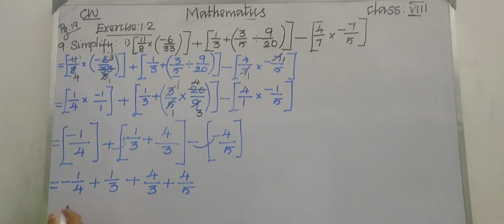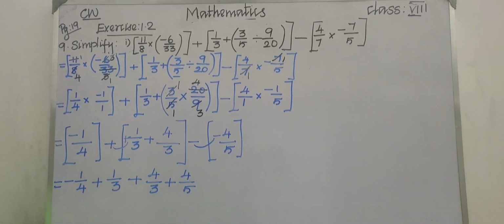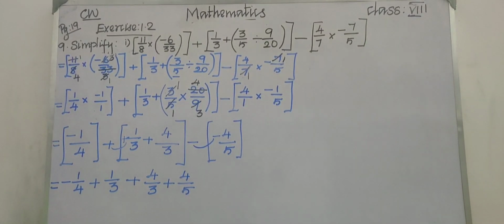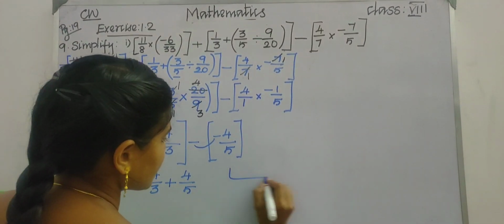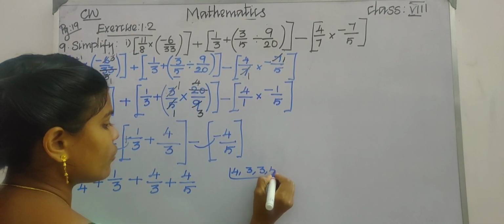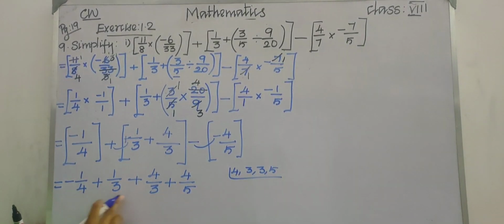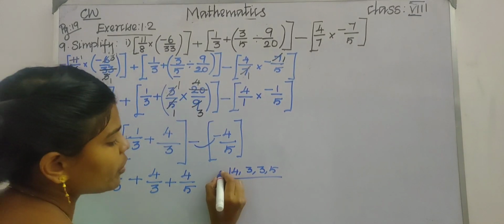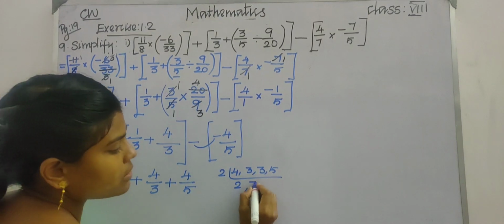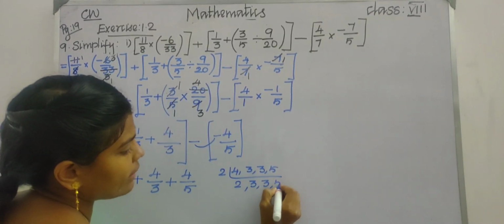But we are having different denominators, children. So first of all, what we need to do? We can take the LCM and make the denominators same. Okay children, so let us find the LCM. So 4, 3, 3 and 5. So we can put 2, 2 2s are 4, and then 3, 3 and 5.